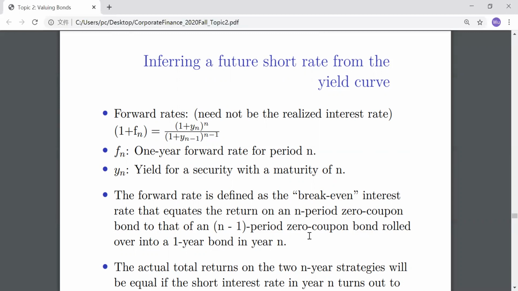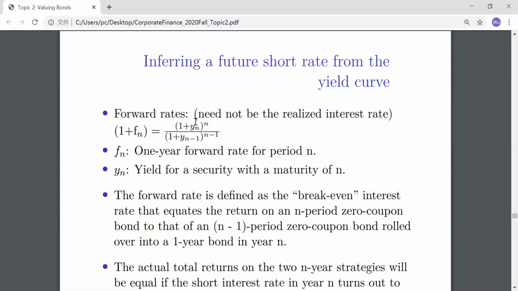So you can see the forward rate here, we have this equation. But where does this equation come from? Again, we have this equilibrium condition: the future value from buying an n year zero should be equal to buying an n minus 1 year zero and then rolling it over for another year.